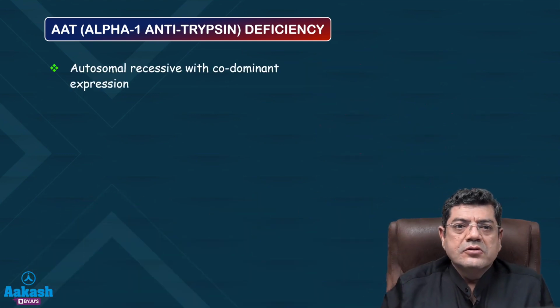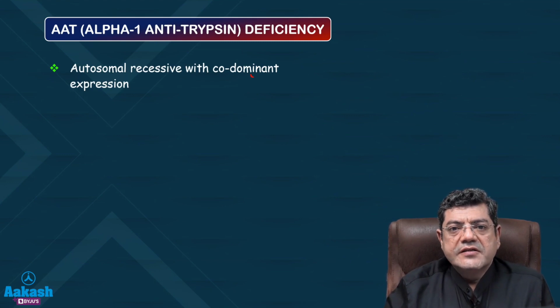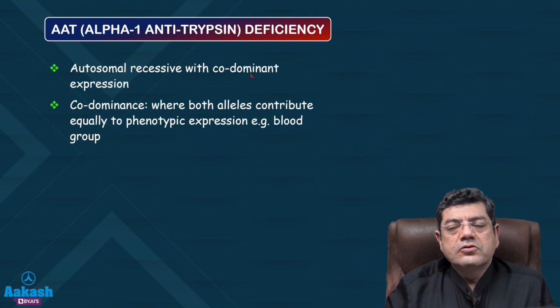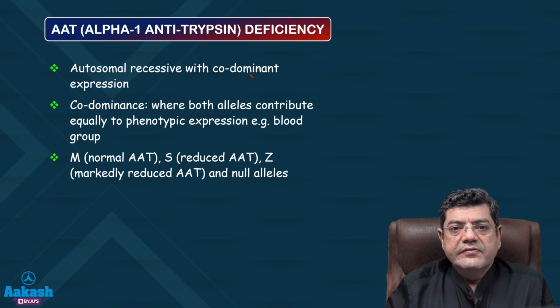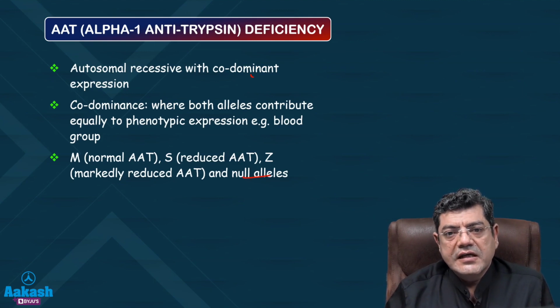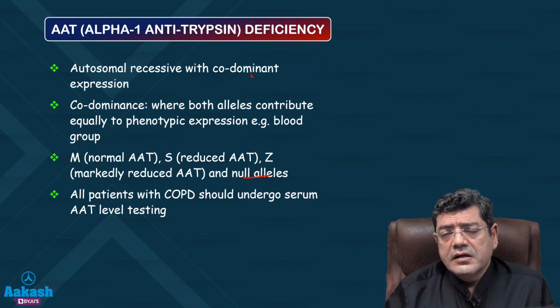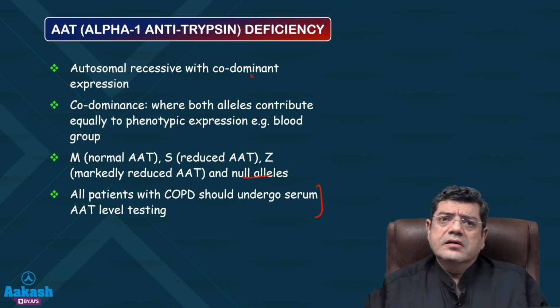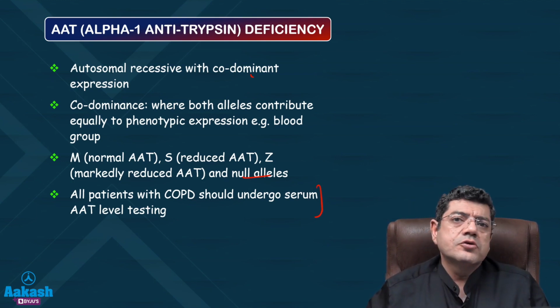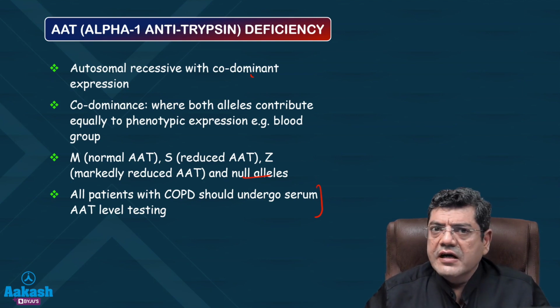Okay, so I told you autosomal recessive with codominant expression. We discussed the three alleles and the null allele. So ideally all patients with COPD should undergo testing for alpha-1 antitrypsin levels. Reason being that there is no reason why someone who's a smoker should also not have alpha-1 antitrypsin deficiency.